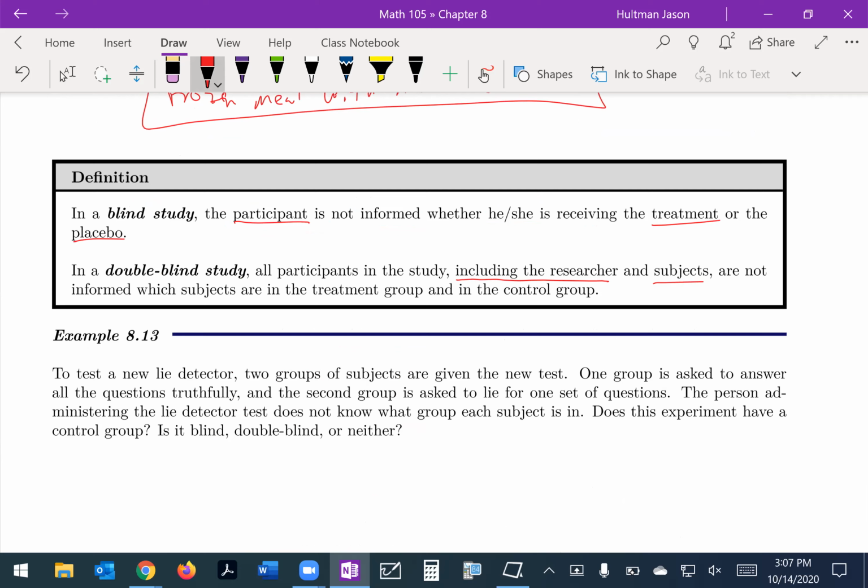If someone needs to know who's in it, that's an outside observer, somebody outside the experiment. The outside observer will know who's in each group, but not the person conducting the experiment. The experimenter will not know who's in what group, so the experimenter is going to treat all of the participants the same.